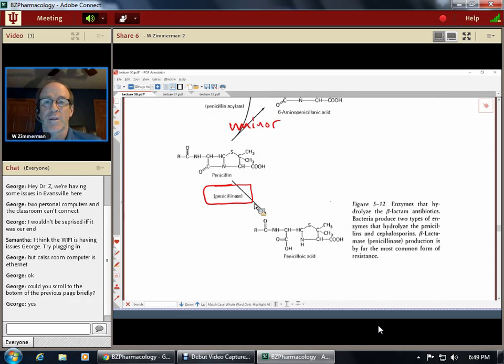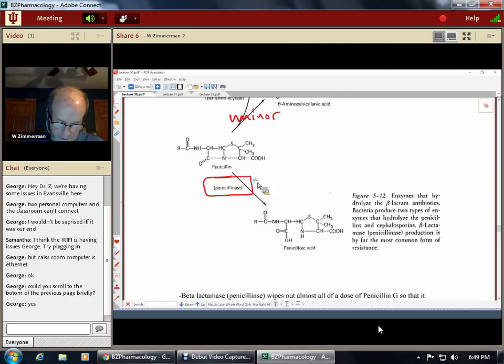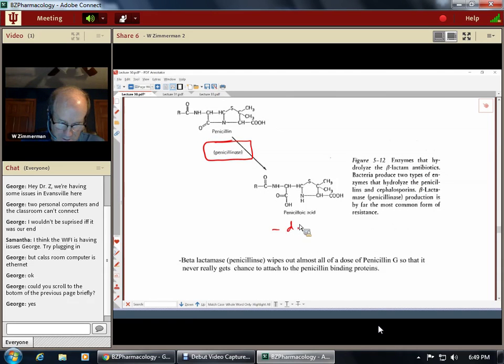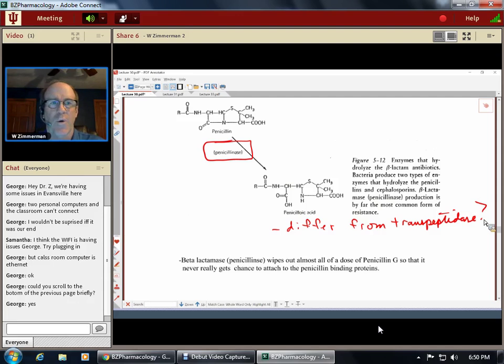If we look at this splitting open of the beta-lactam ring, what's the difference between what happens here and what the transpeptidase does? Does this differ from the transpeptidase? If so, how? This was a few pages ago, but keep that in mind.